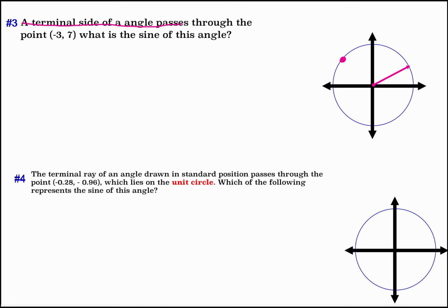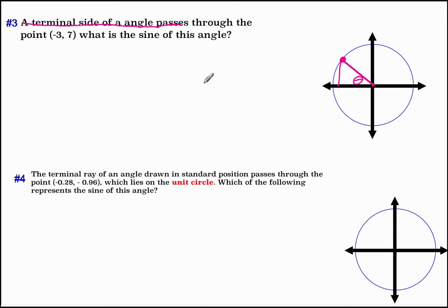So if I take this angle and I rotate it, that's where it's stopping. Now, as usual, I'm going to create a triangle. So I'm going to drop my line down to the x-axis, and this is the angle they want me to find the sine of.